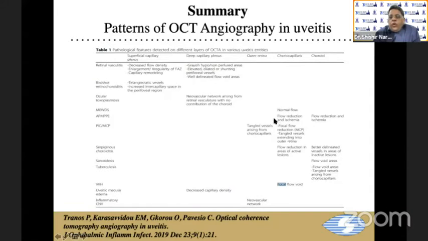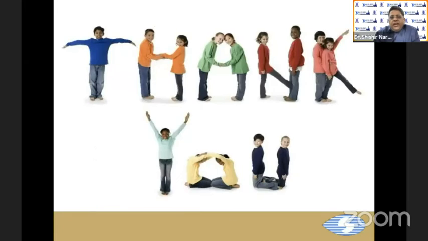MPPE has got a flow reduction in ischemia in the choriocapillaris and the choroid, and in PIC you can see the CNVM, which is the most important component. In serpiginous choroidopathy, you have flow reduction in the active lesions, which decreases and resolves as the inflammation is coming under control. And in VKH, you can have focal flow voids, which respond very well to treatment. So now the pattern recognition in OCTA is helping us in making a definitive diagnosis.